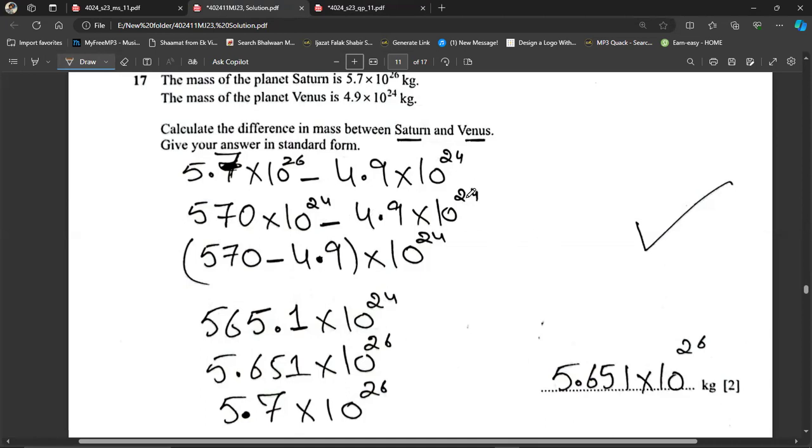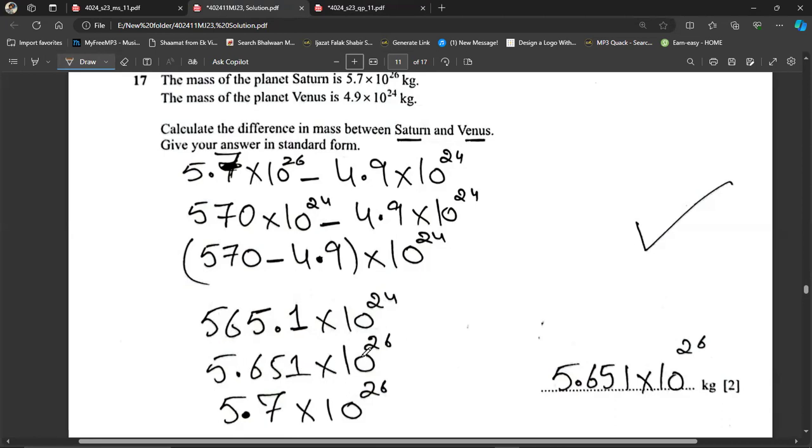Actually, I have made these two the same. Then I will take this 10 to the power 24 common. So in the bracket, you are left with 570 minus 4.9. When you subtract them, you get 565.1 x 10 to the power 24. To make it into standard form, I will move this decimal 2 steps to the left, sorry.